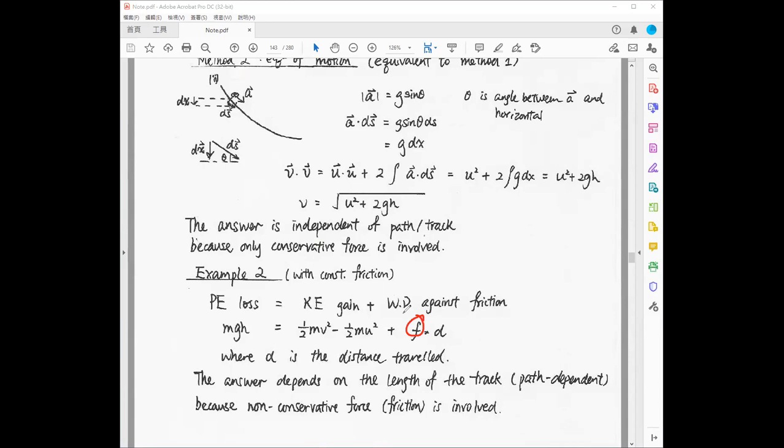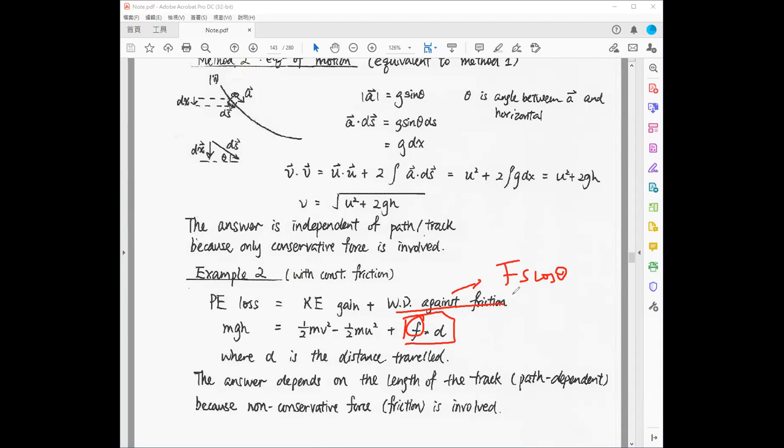The energy lost by friction we call the work done against friction. The work done uses the formula Fs cosine theta, but for friction, the work done is the friction times the distance travelled, not the displacement.